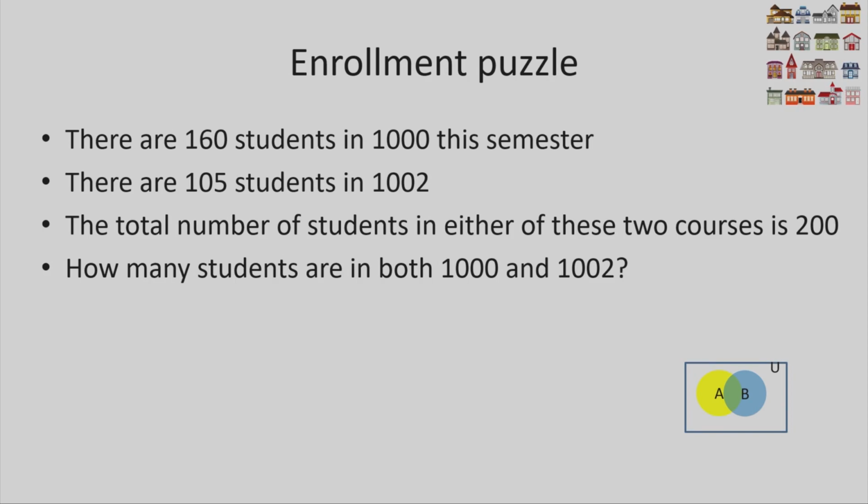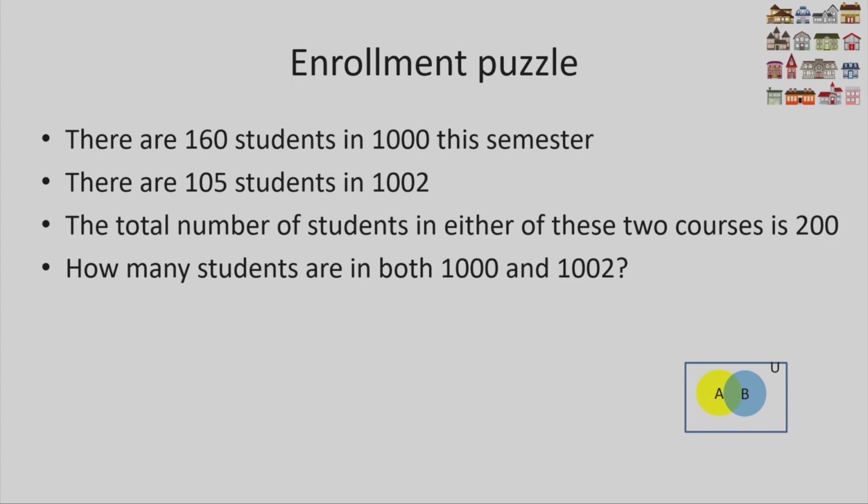So here is what this problem is asking you to do if you translate it into sets. You have two sets, students taking COMP1000 and students taking COMP1002. And you're told the size of each of those sets, its cardinalities, and you're also told the cardinality of the union of the two sets, students that are either taking 1000 or 1002 or both.